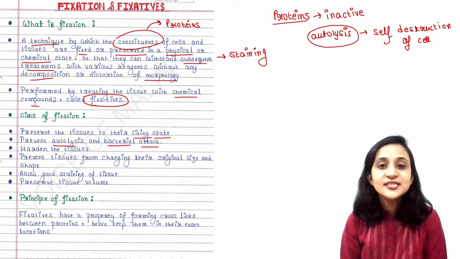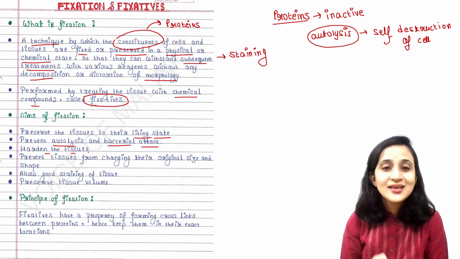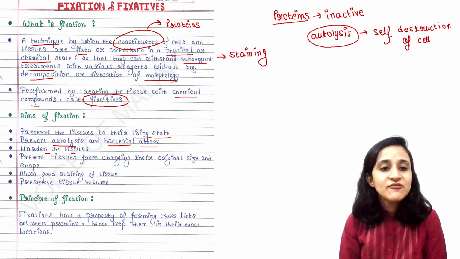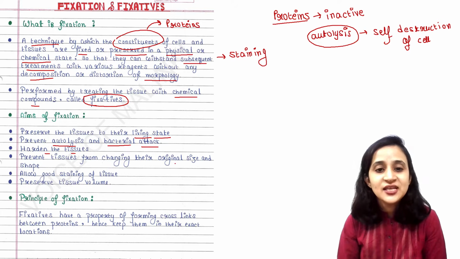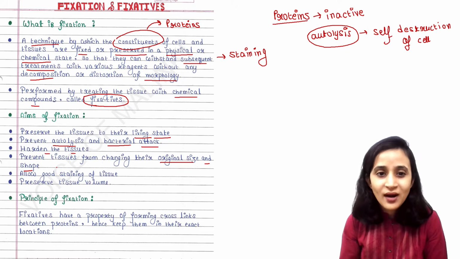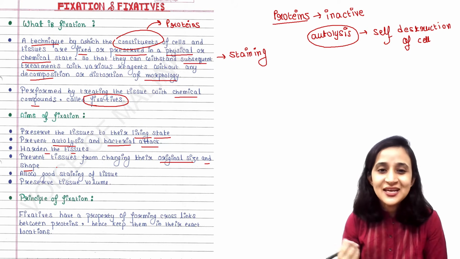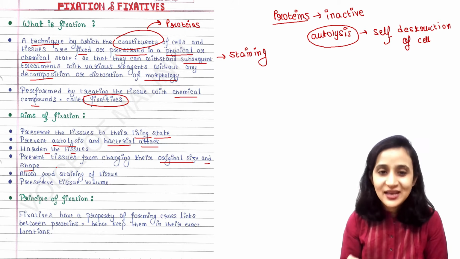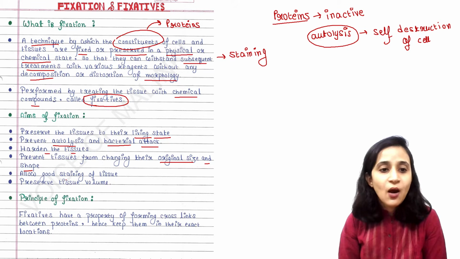To harden the tissues, we need to make the tissues hard so that they can withstand the further subsequent treatments. Prevent tissues from changing their original size and shape. We do not want the cell to change its size and shape, so we need to add fixatives to allow good staining of tissue.